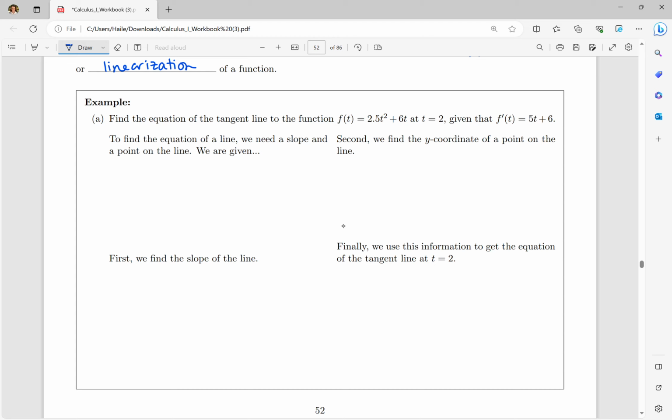We are given f prime of t is equal to 5t plus 6, which we know is going to be our slope. And we're also given f of t is equal to 2.5 t squared plus 6t, and this is a way to get a point. And we also know t is equal to 2. So maybe I should say the derivative is a way to get slope.